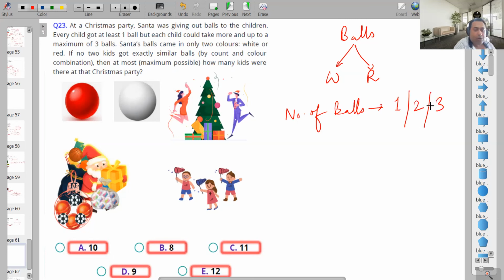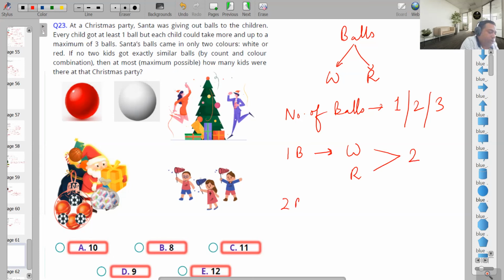So we'll look at the combinations for all of this. If it is a 1 ball combination, then there is either a white or a red. So overall there are 2 combinations.